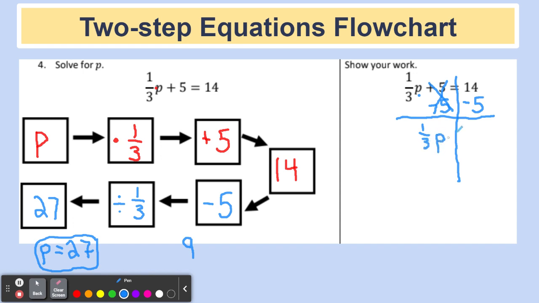On the right side, we are left with whatever 14 minus 5 is, which we know now is 9. So now I want to solve for p. So again, I'm going to undo what I see. This is 1/3 times p. So instead of multiplying by 1/3, I'm going to divide by 1/3 on both sides.